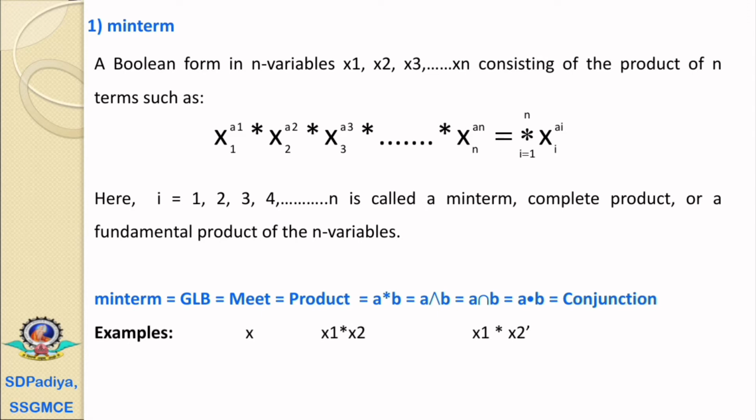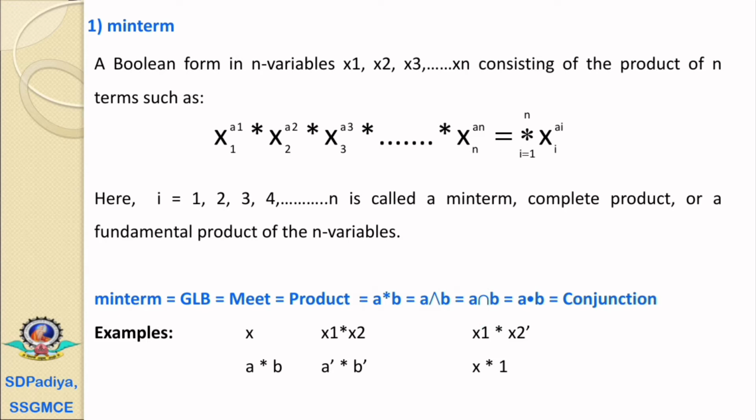For example, any single variable we can consider a min term, because x is an elementary product. x1 product x2 is also an elementary product, that's why a min term. x1 product x2 dash, a product b, a dash product b dash, and x product 1.